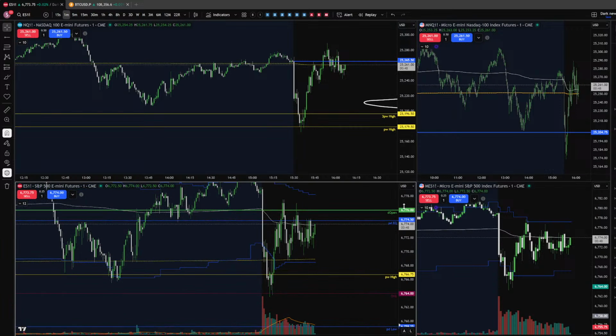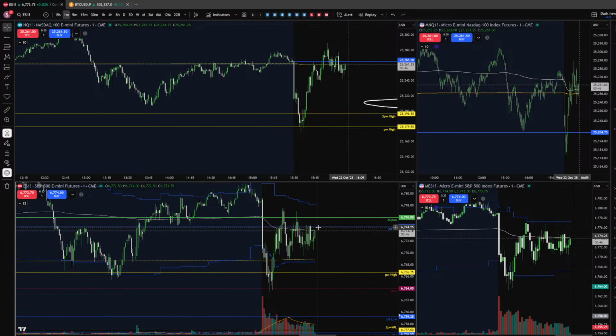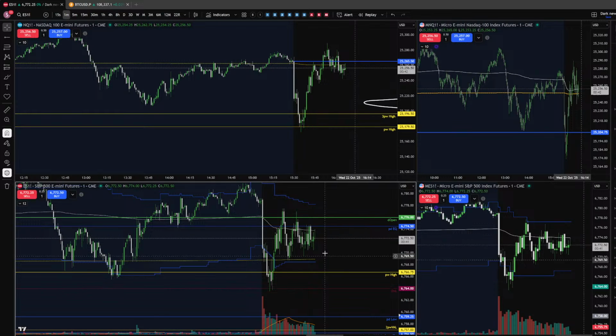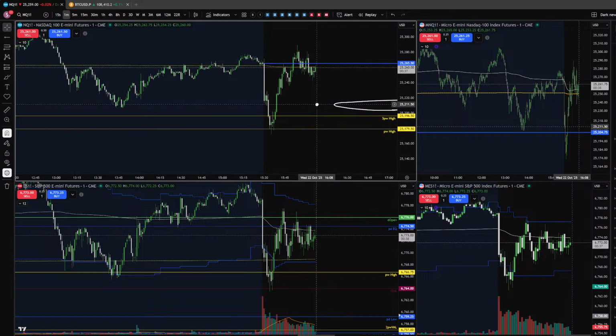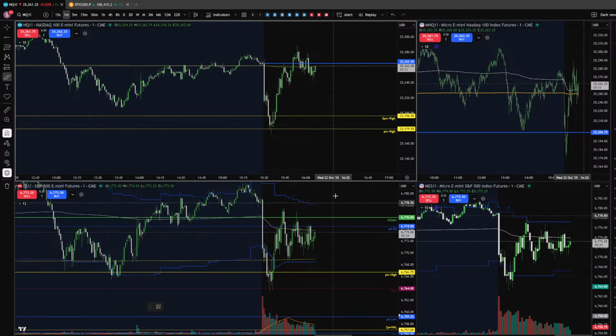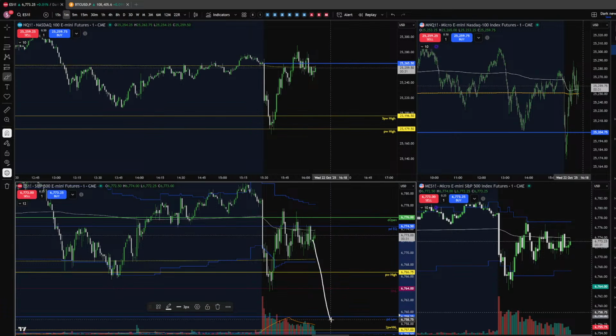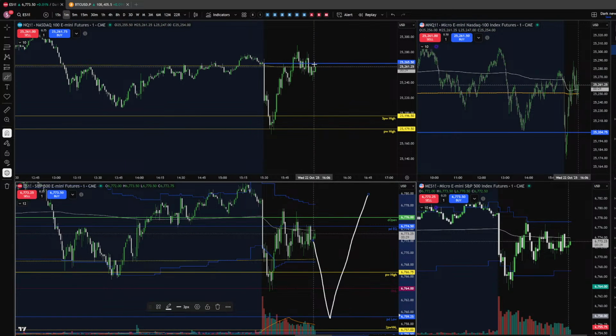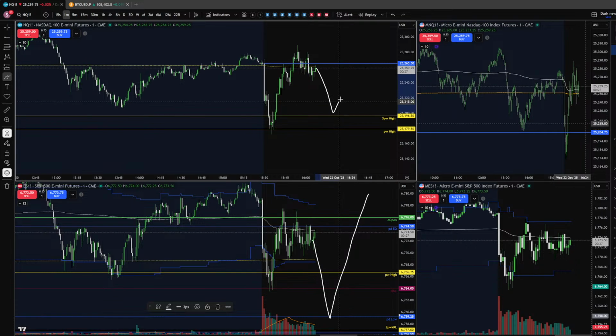So in the case ES is preparing for another move lower, which might not happen, of course, but if it happens, I would love to see this and this.